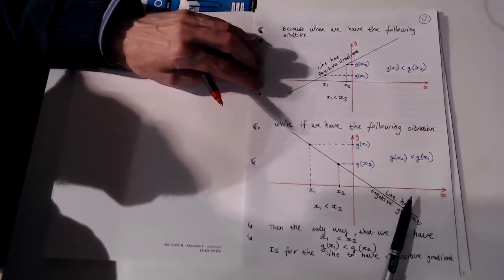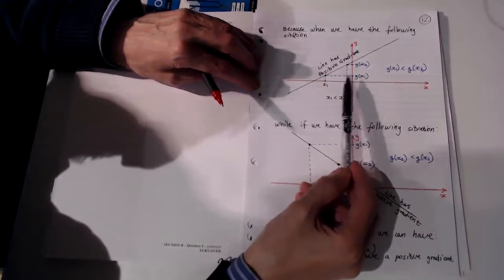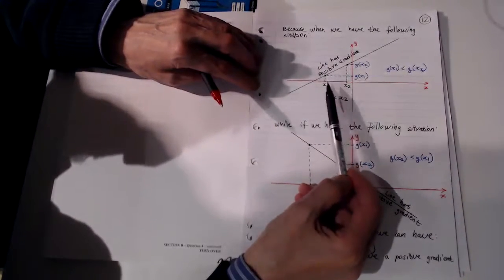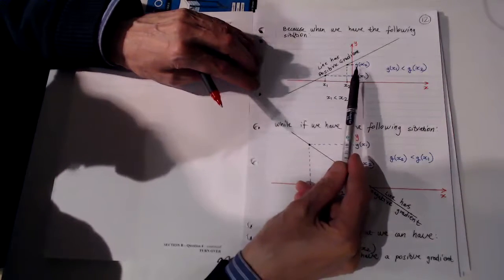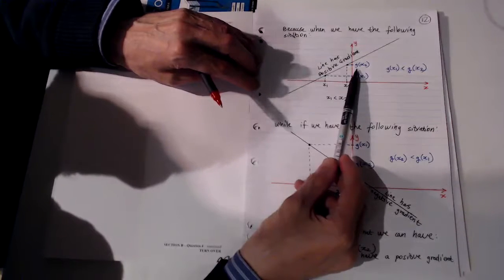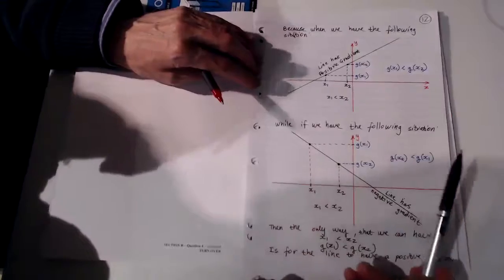So really, the only way we can have a situation where x1 is less than x2 and g(x1) is less than g(x2) is for the line to have a positive gradient.